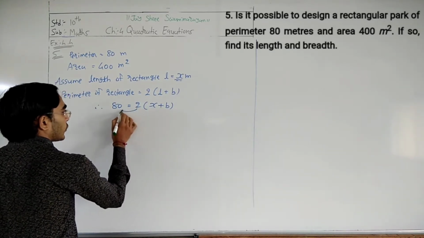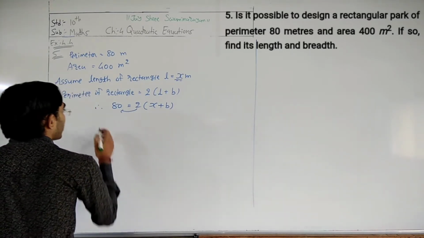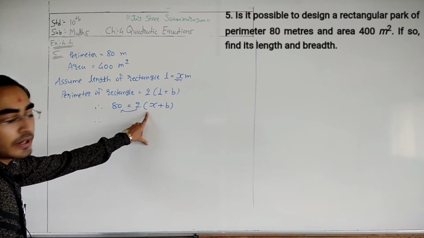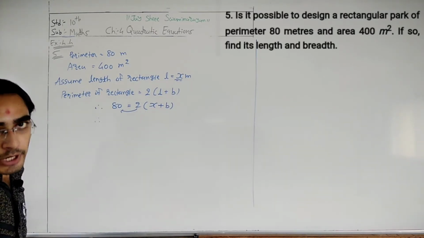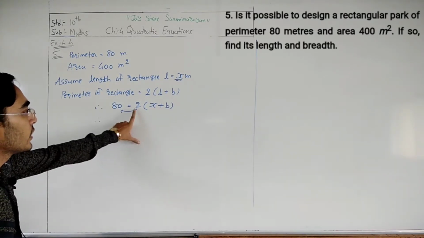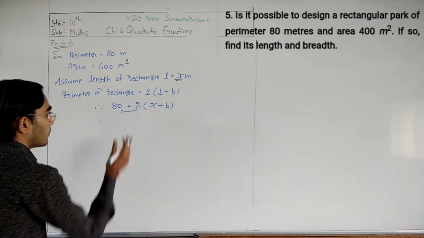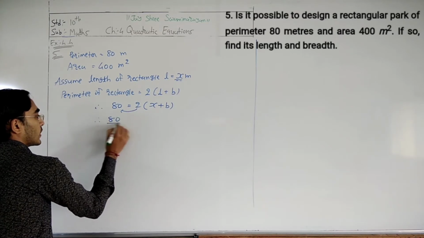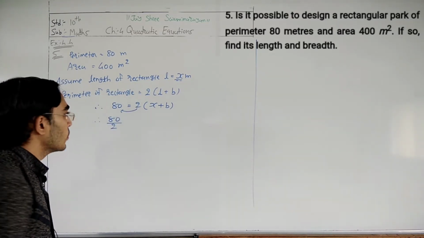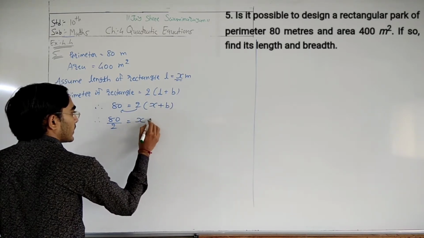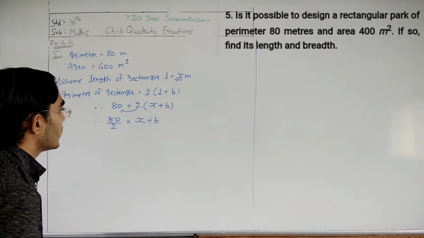For that, transfer this 2 to the left hand side. Right now it is in multiplication because the bracket is there. Bracket shows multiplication, which means that 2 is in multiplication with this bracket. So if we transfer it to the left hand side, it goes to the denominator. So 80 by 2 is equal to x plus b.